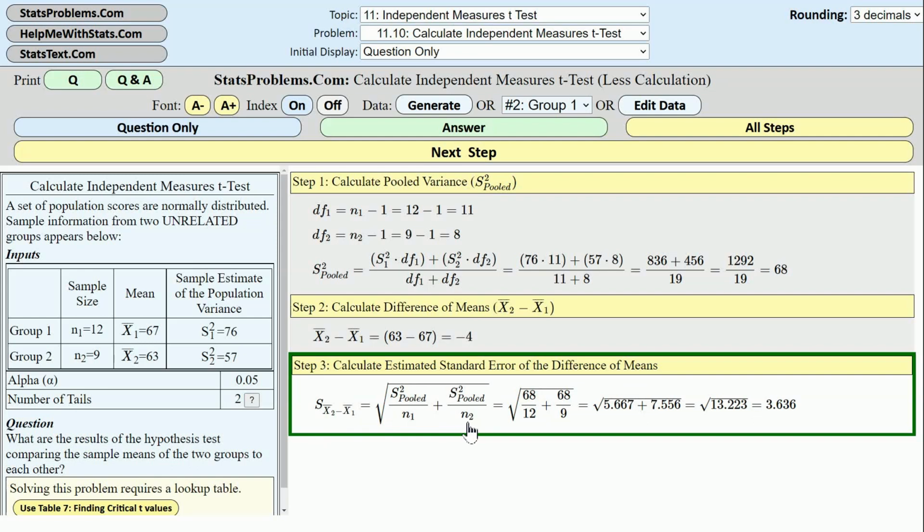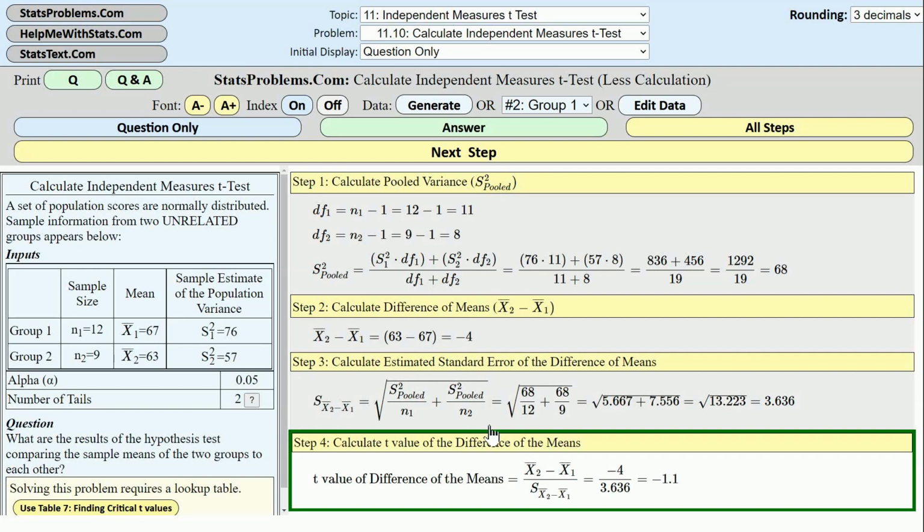In this example, S sub X bar 2 minus X bar 1 equals the square root of 68 divided by 12 plus 68 divided by 9, which works out to the square root of 5.667 plus 7.556, which works out to the square root of 13.223, which works out to 3.636.